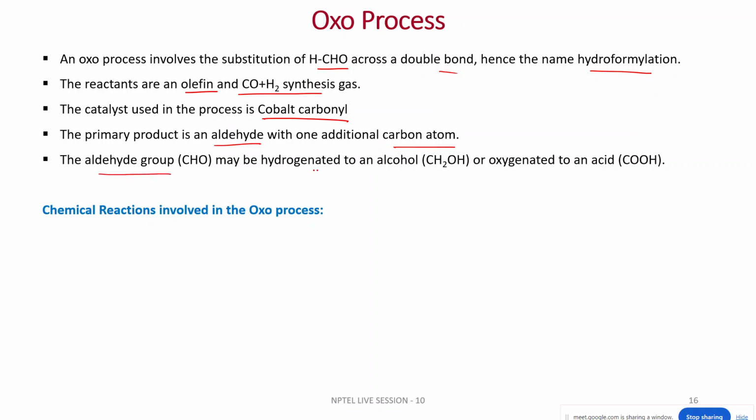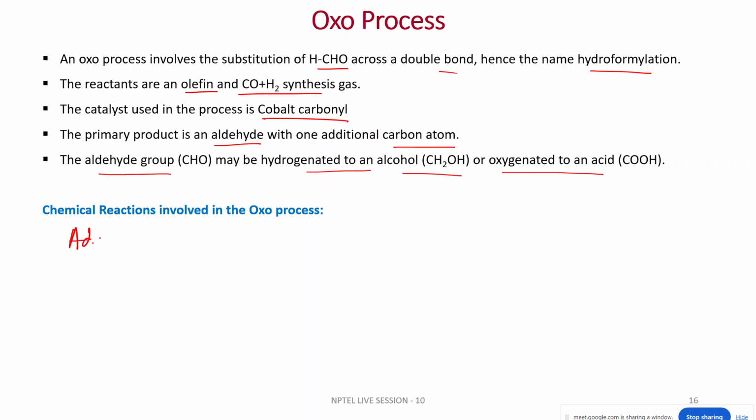The aldehyde group may be hydrogenated to form an alcohol or may be oxidized to form an acid.